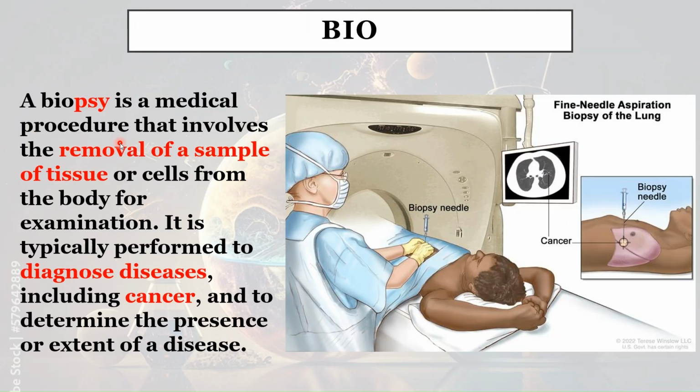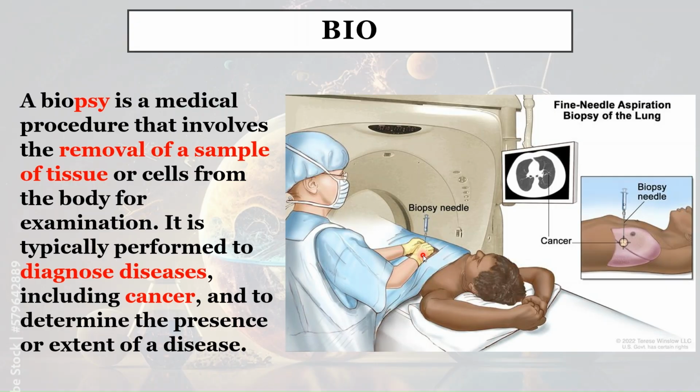The next word we are going to learn is biopsy. This is nothing but the removal of a particular part. Suppose a patient is suffering from breast cancer, the doctor will take a small needle and remove a small part of the breast, a small cell, and check under the microscope the nature of the cancer, how much it has spread.